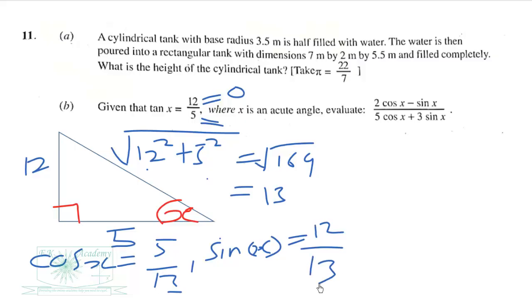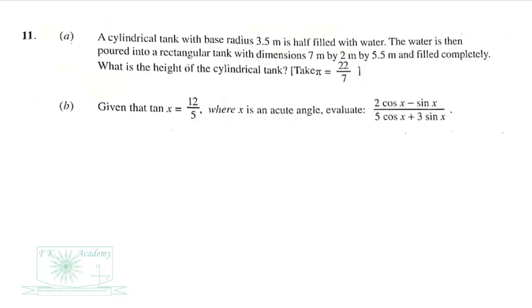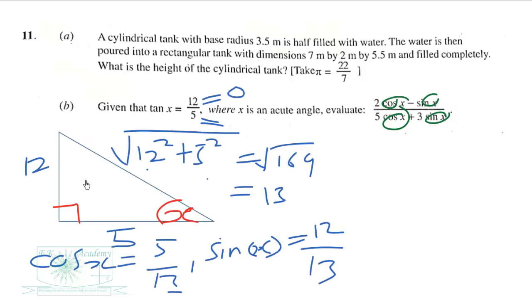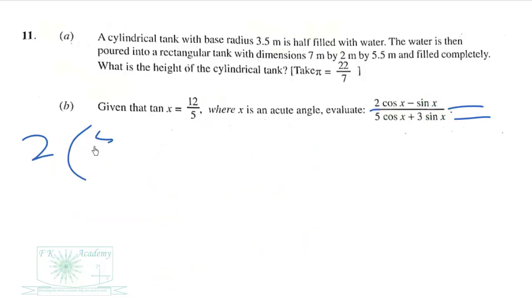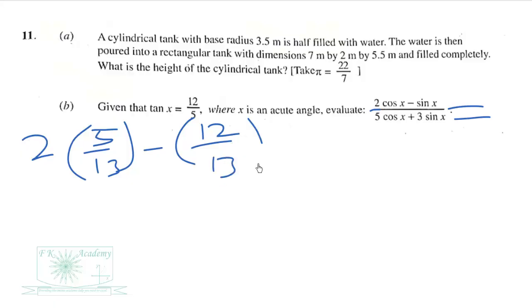So we can now fix all these values right here. Then we simplify. So let's do that. So we have 2 into bracket cos x. We found cos x to be equal to 5 over 13. So 5 over 13 minus sin x, that was 12 over 13.